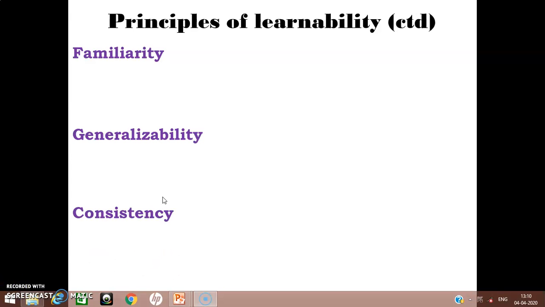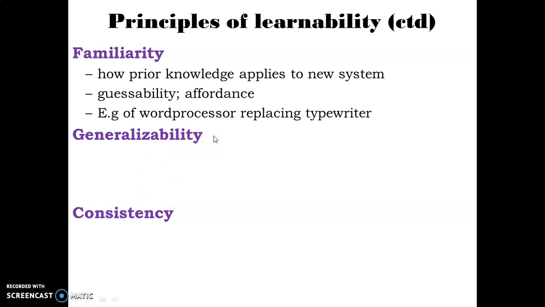The next subcategory of principles under learnability is familiarity. For a new user, the familiarity of an interactive system measures the correlation between the user's existing knowledge and the knowledge required for effective interaction. So, how guessable the software is.